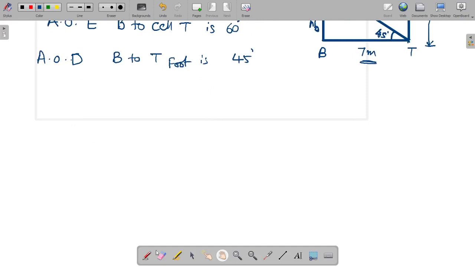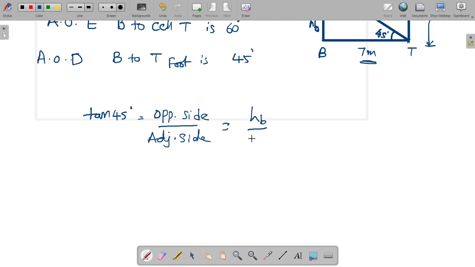Let's go to the problem. Tan 45 is opposite side by adjacent side, that is, height of the building by the distance between building and tower, which is 7.